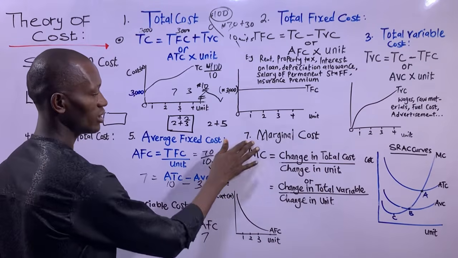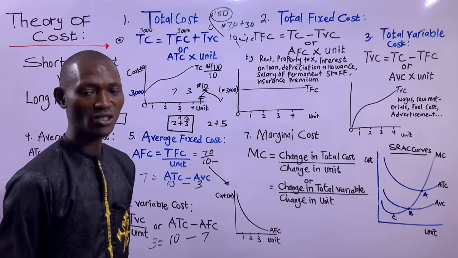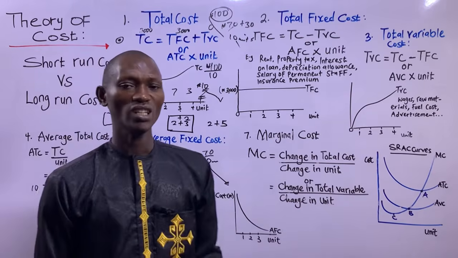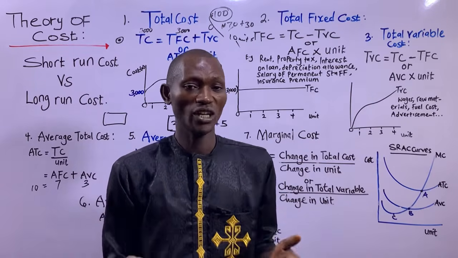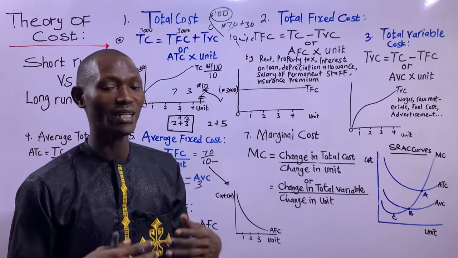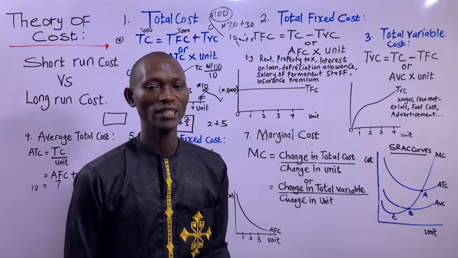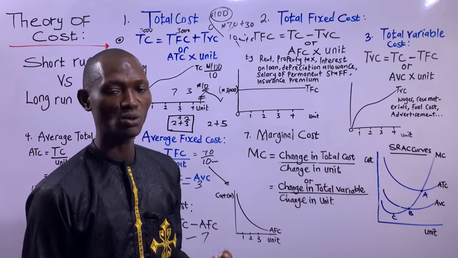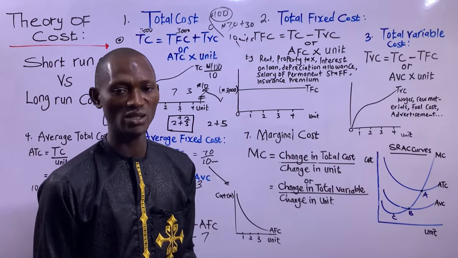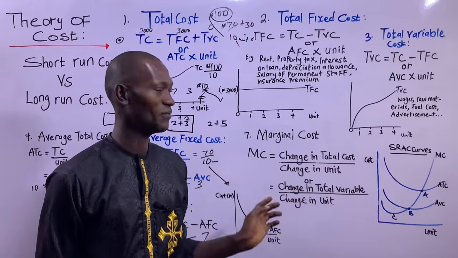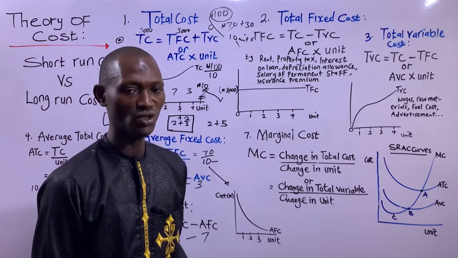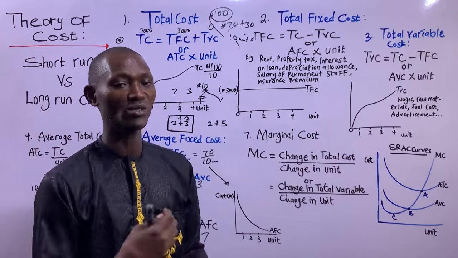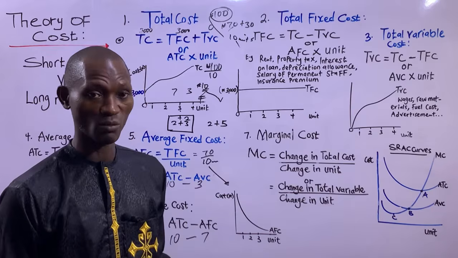Then the last but not least, which is marginal cost. Anytime you hear marginal in economics, it means additional. And marginal cost simply means the additional cost incurred to produce extra units of a commodity. Most times it's referred to as the cost incurred to produce the last unit of the commodity.